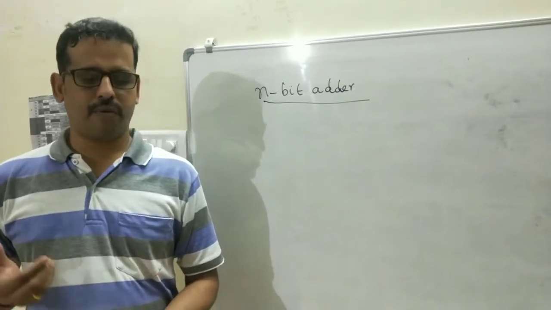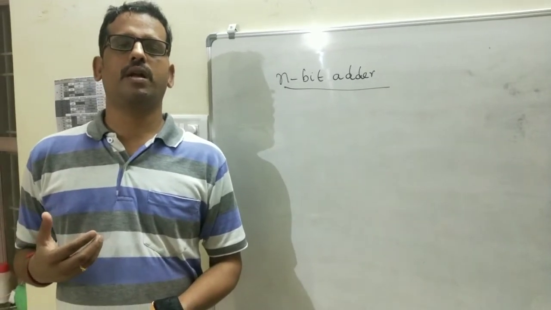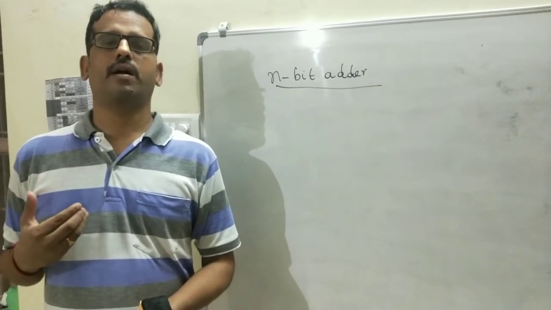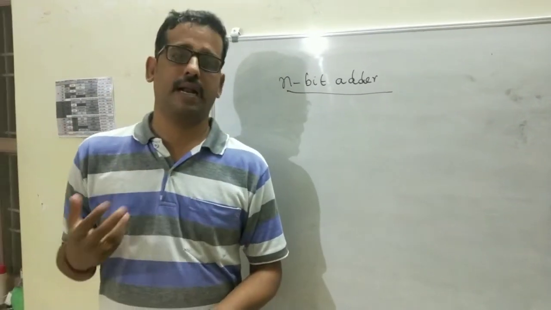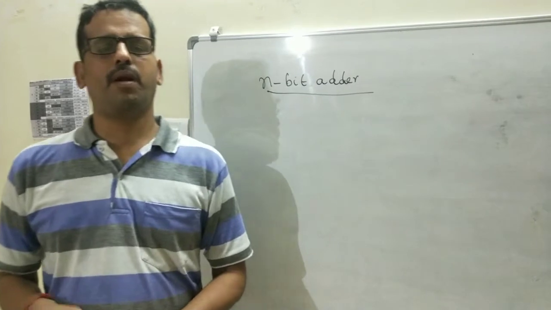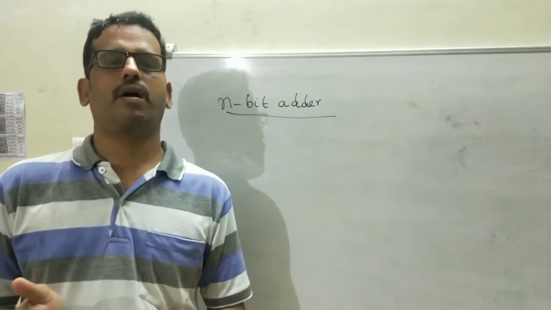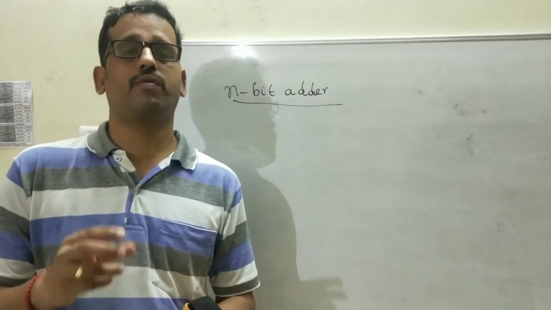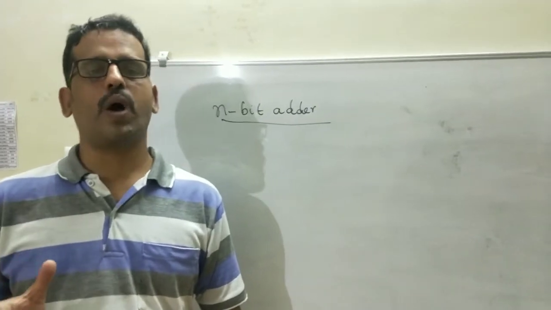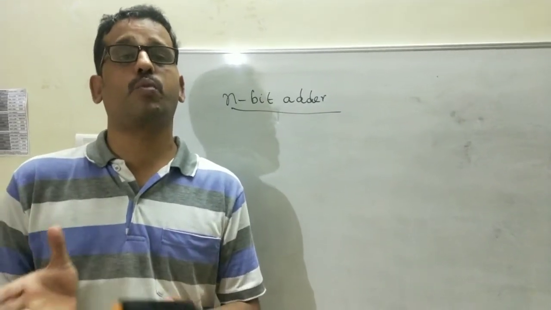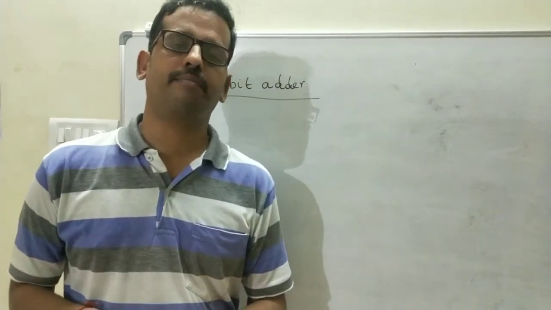If you want to perform binary addition with more than 1 bit, you need to make use of an n-bit adder or parallel adder. For example, a half adder is used to add single bits, that is, for adding 2 bits. If you want to add two binary numbers, we need the help of an n-bit adder.